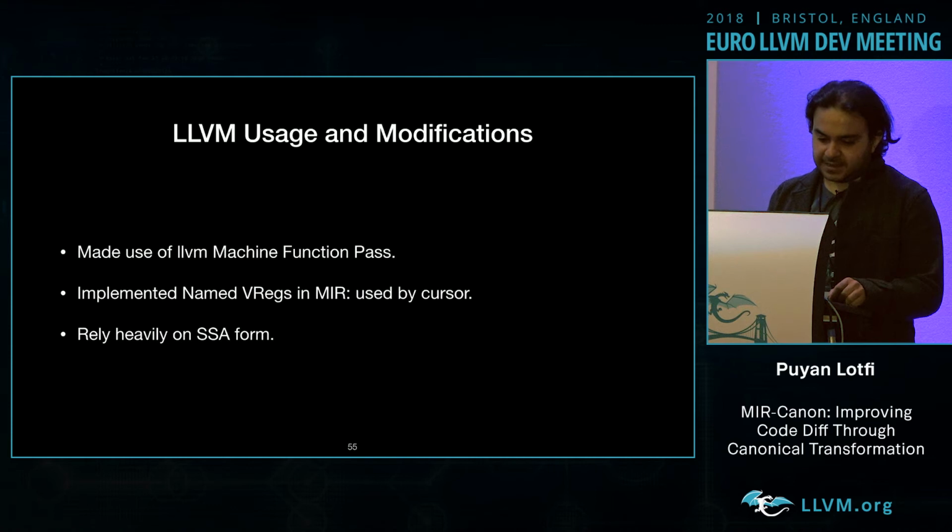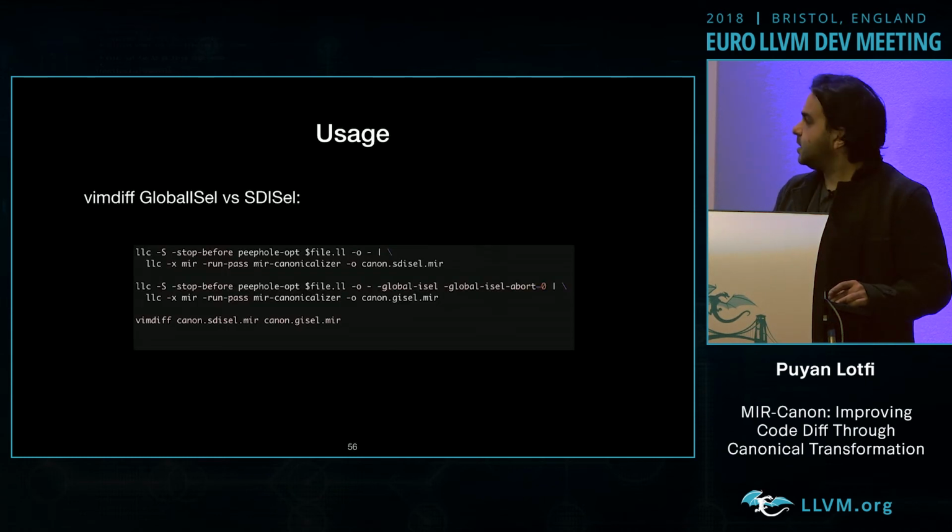And I added named VREGs to MIR just as a way to better rename the VREGs, and also there are some future techniques that I will go into in a couple upcoming slides on better ways to rename the VREGs.